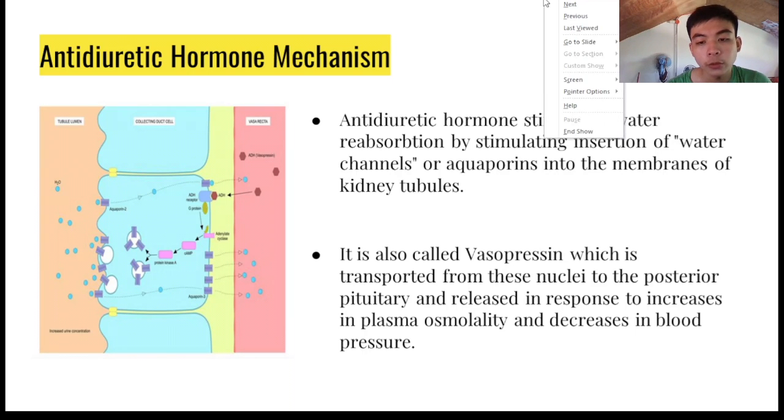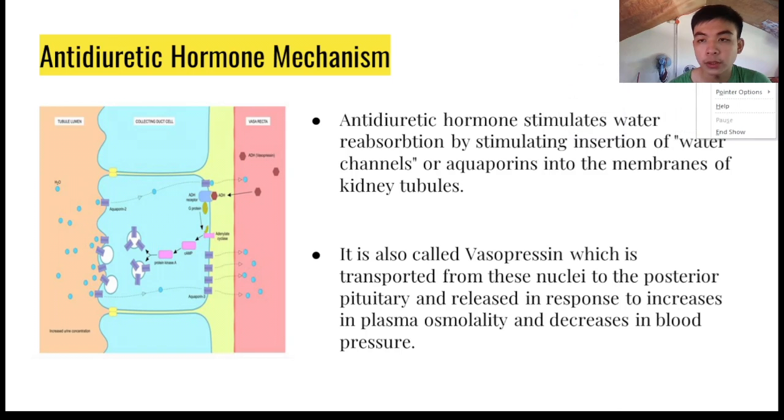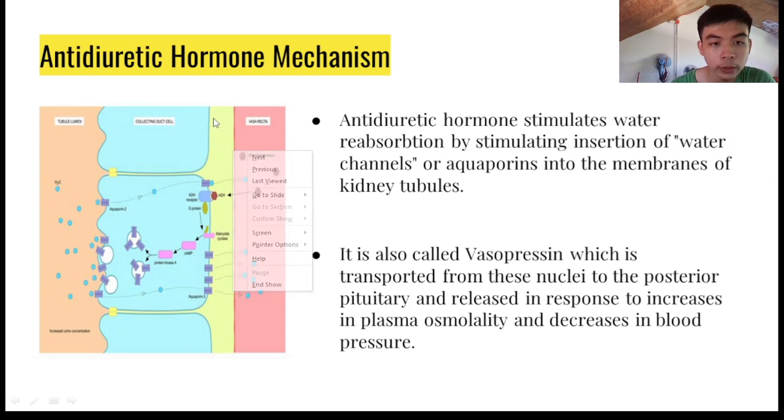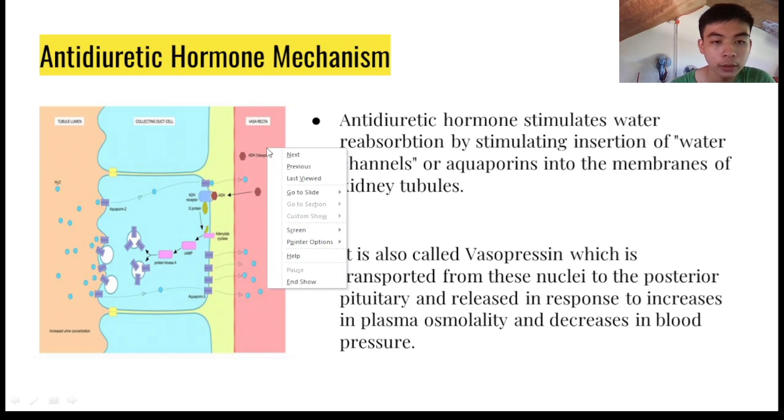It is also called vasopressin, which is transported from the supraoptic nucleus to the posterior pituitary and released in response to an increase in plasma osmolality and decreases in blood pressure. As you can see here, this is the tubule, and this is the vasa recta, and the ADH or vasopressin. So this is where the ADH is located.